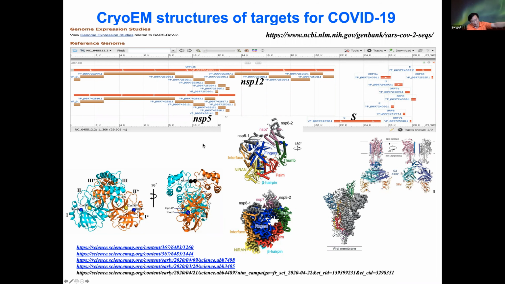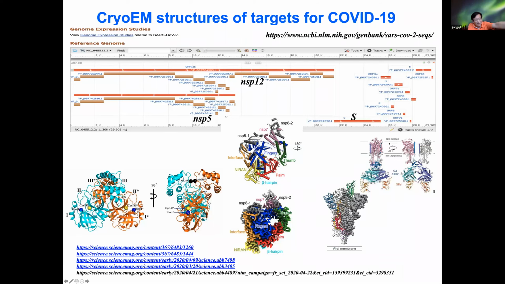NSP5 has been resolved by X-ray crystallography, shown here on this side. And today there is a newly released structure of NSP5 in complex with different compounds that are coming out of a lab in China. One of the compounds appears to be highly potent and shows very high promise for clinical applications.